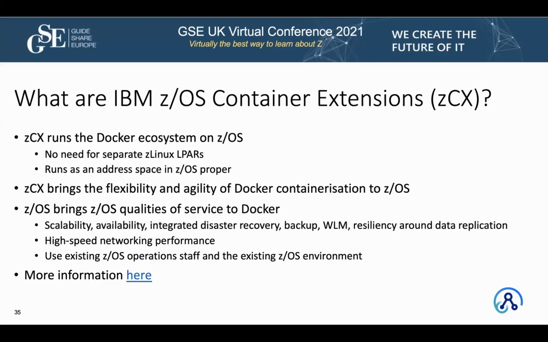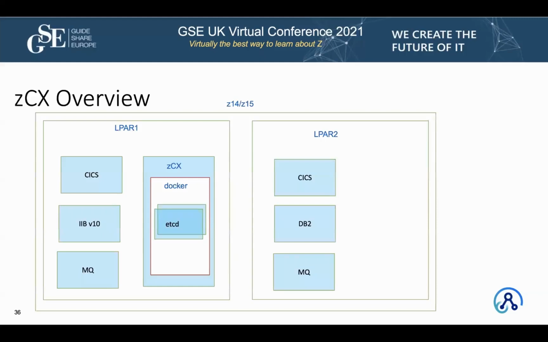So with all the z/OS qualities, like it doesn't fall over, works fast, processes lots, you can run that, but you're still running Docker and the Docker ecosystem. I've got a link here for more information. So the idea behind ZCX was so that you could run the open source stuff on your z/OS. So here I've got etcd, because where better to run your etcd server than on z/OS and keep it running.